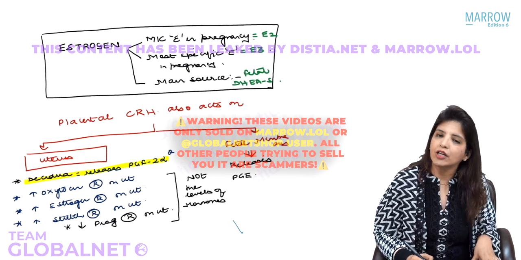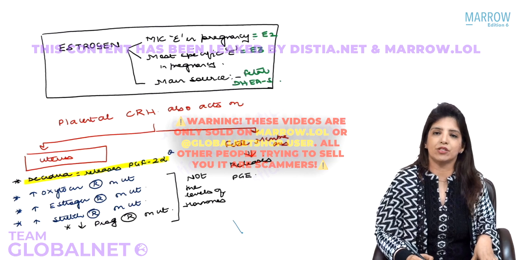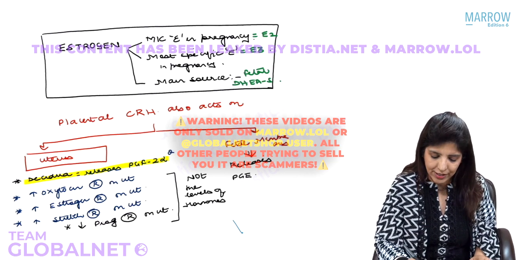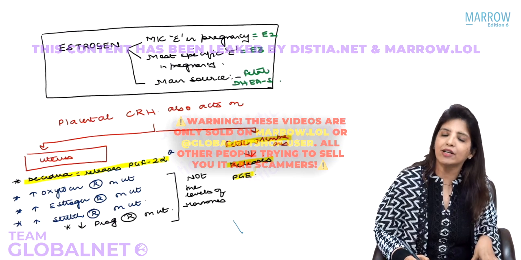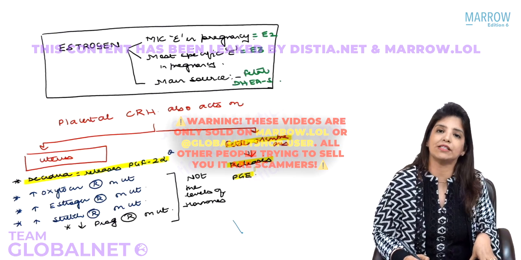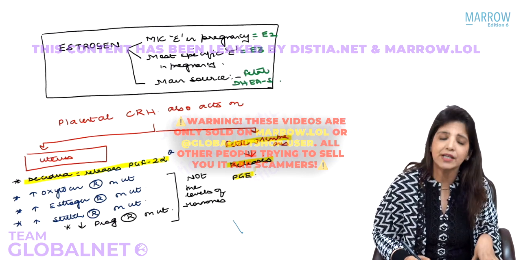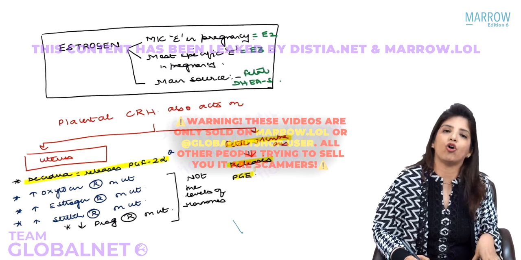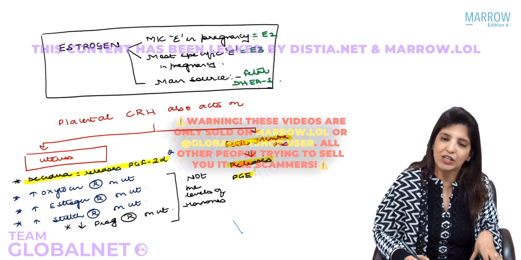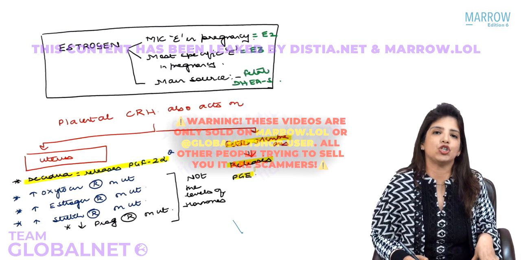Now, prostaglandin is not only released from decidua, it releases prostaglandins also from the fetal membranes. But the prostaglandin which will be released from the fetal membranes will be prostaglandin E, right? So from the decidua, it's PGF2 alpha, and from the fetal membranes, it is PGE.